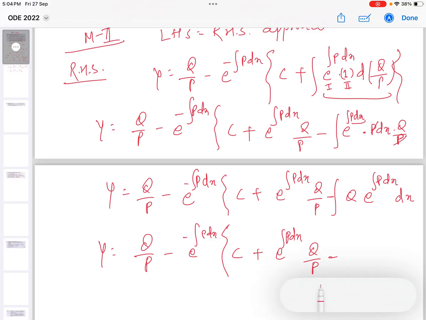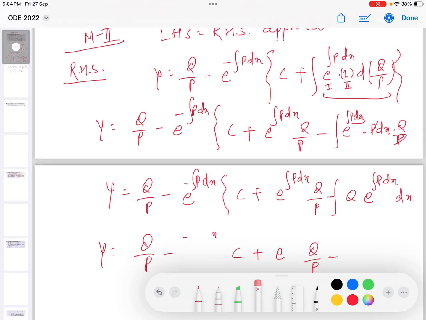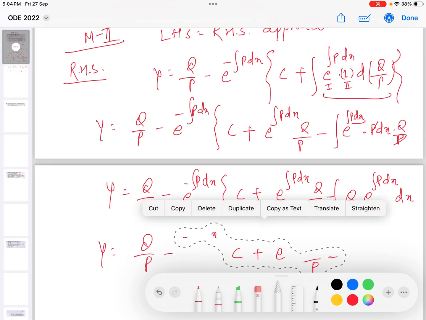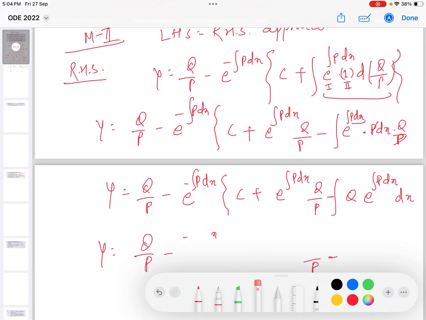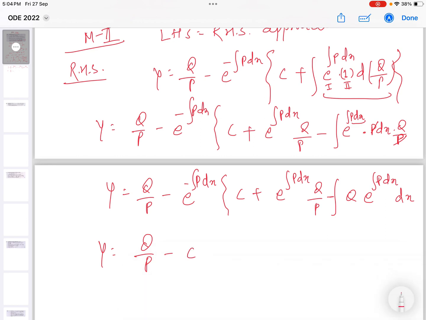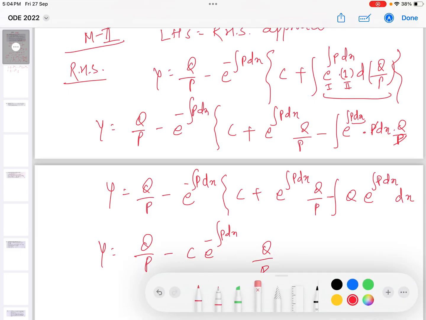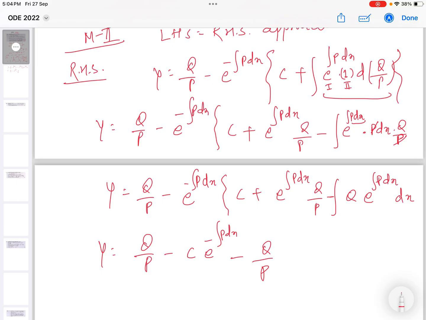Let's multiply all the terms so that there would be cancellation. C e raised to the power minus p dx. This term would get cancelled. There would be a minus sign here. That's why then only it will get cancelled.